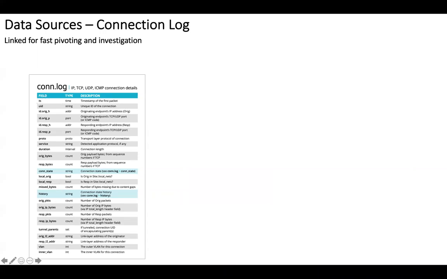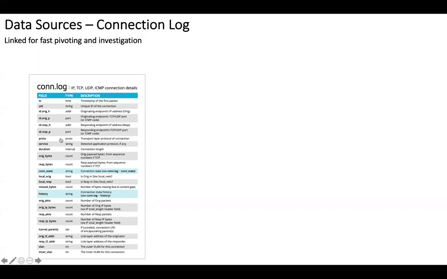It's going to input the timestamp along with a unique ID, and then it's going to have the 5-tuple: your source and destination addresses and port numbers, as well as the protocol.